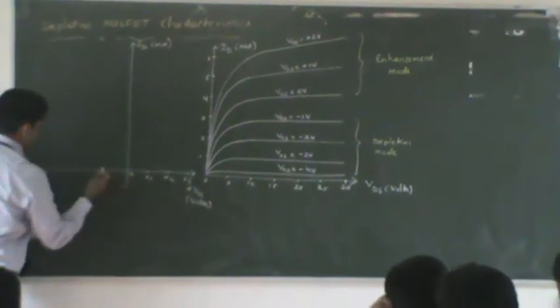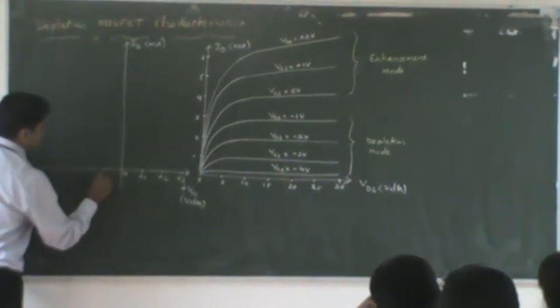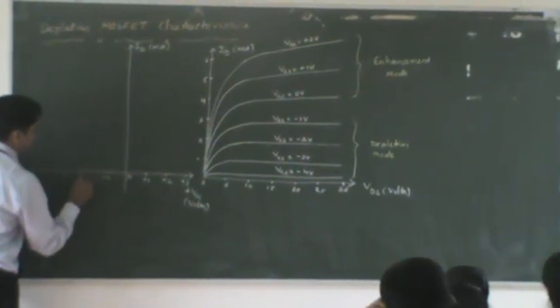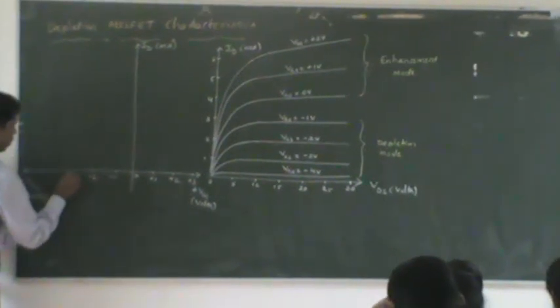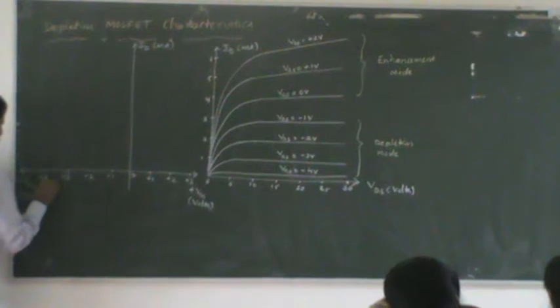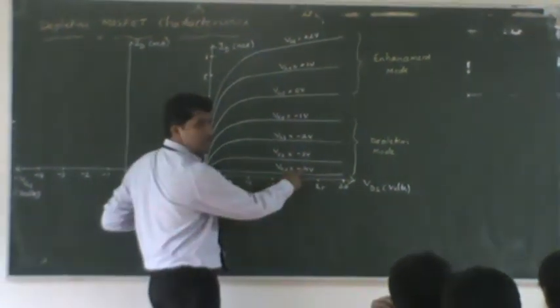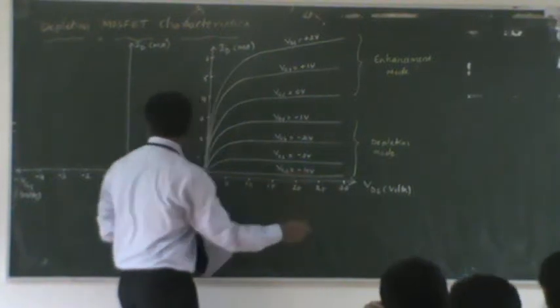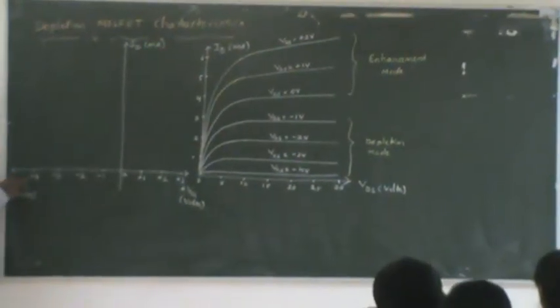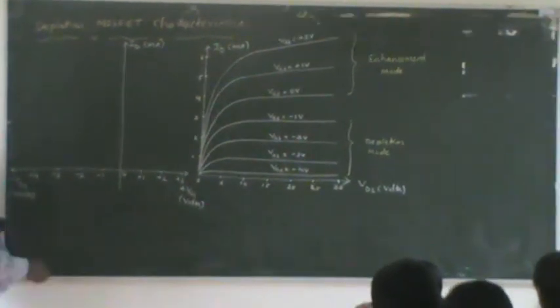And for negative VGS, you can show it down in the second quadrant: minus 1, minus 2, minus 3, minus 4. We have not taken VGS less than minus 4; we stop at minus 4. That means our curve will be up to this point, not beyond.